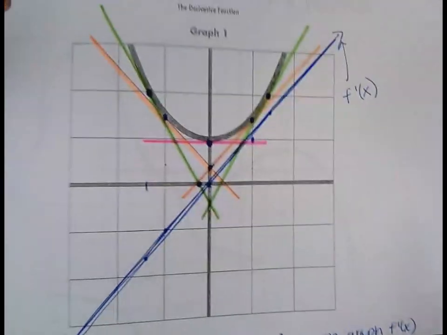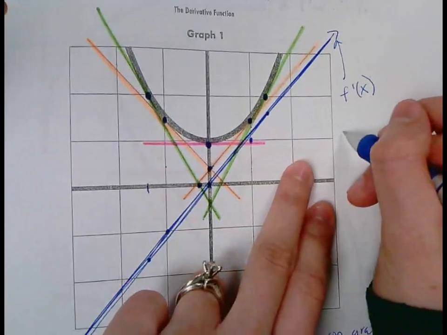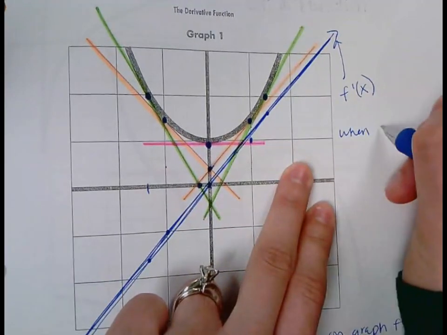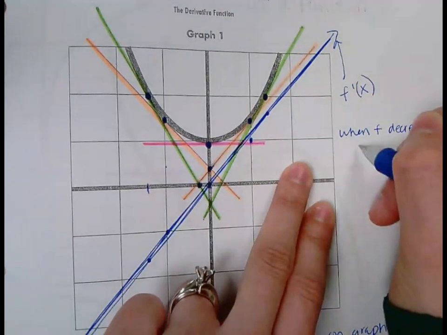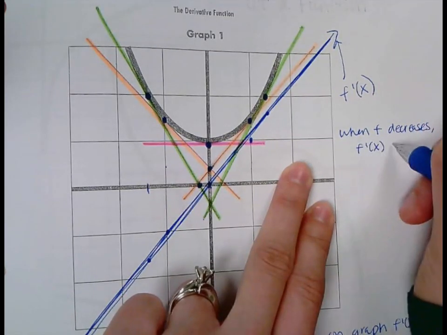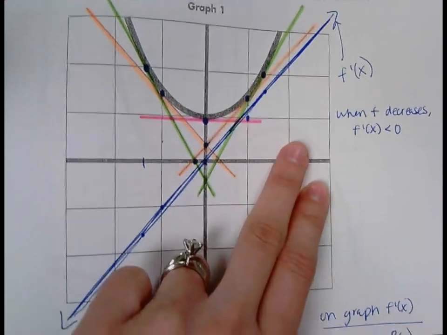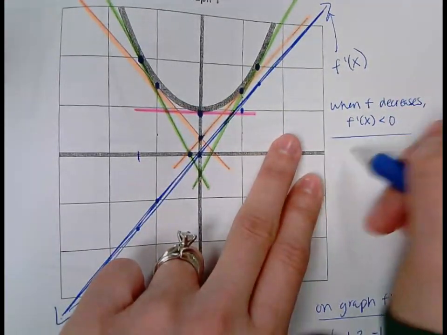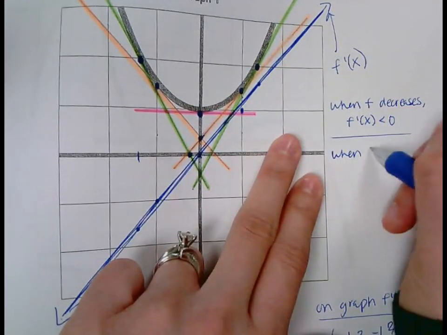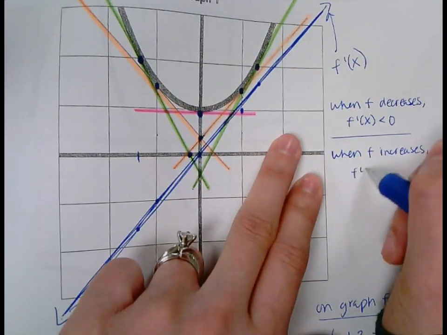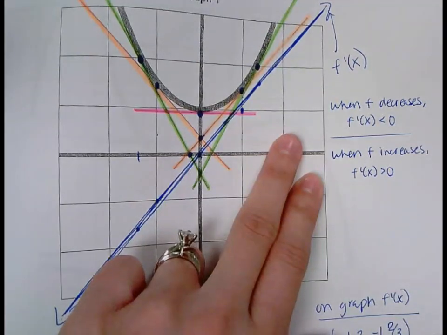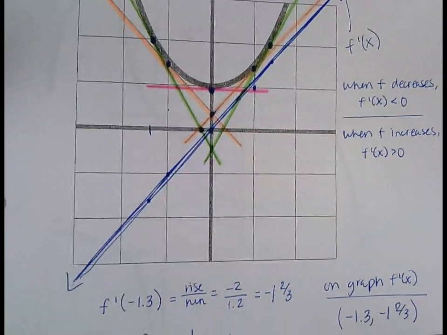So if you even want to write that in, when f decreases, f prime of x is less than 0 or is negative. When f increases, f prime of x is positive or greater than 0.